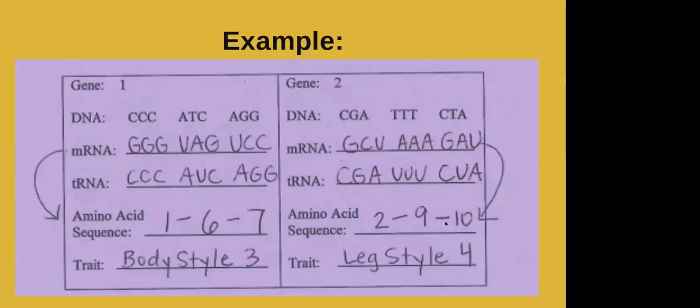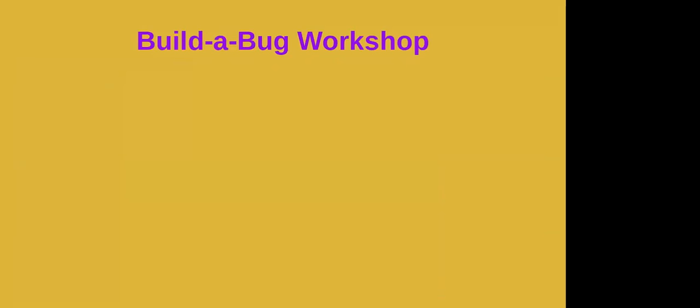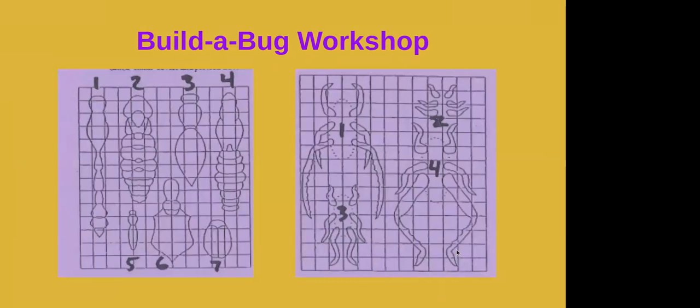And over here, you're going to do the same thing. The amino acid sequence I got for my gene number 2 was 2910. I looked it up and it told me leg style 4. So you're going to do that for 11 different traits for your bug. Here is what those traits mean. I think this is body style. Body style 1, body style 2, 3, 4, 5, 6, and 7.